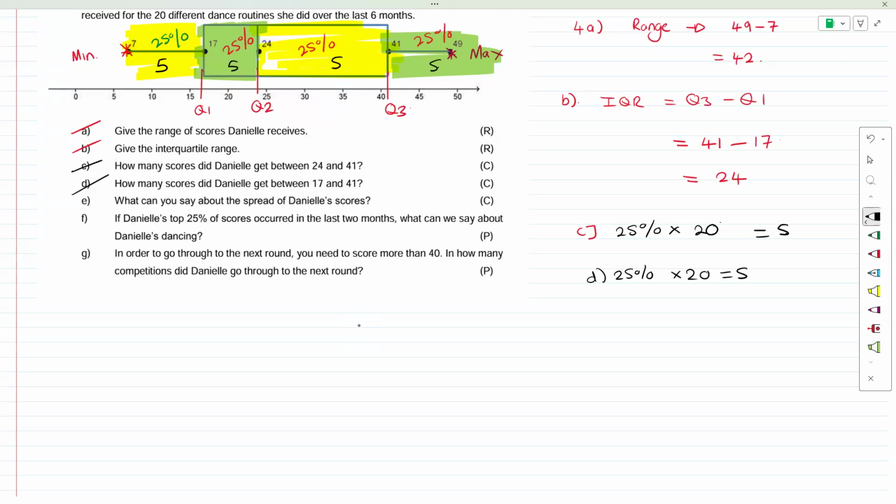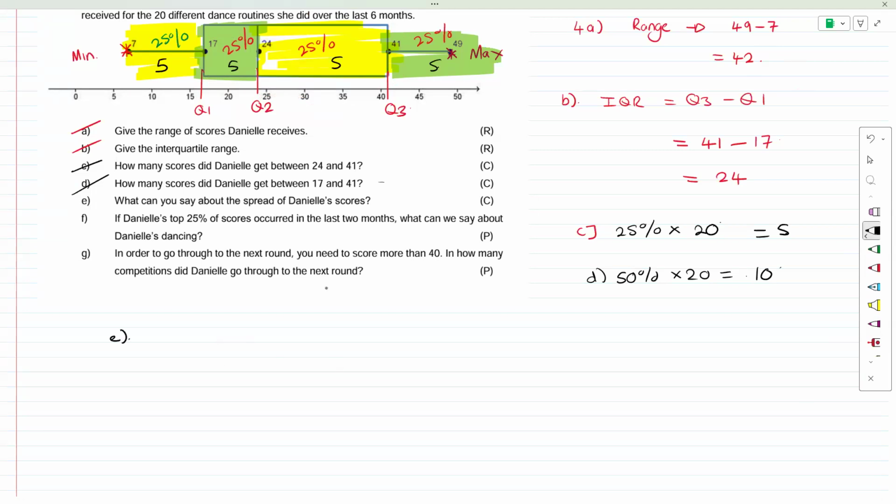You know what, guys? D says how many scores did she get from 17 to 41? So from 17 to 41 is actually 2 parts. So it's 50%. Let's look at it. Say that that's 50%. So that technically equals 10. Always double check all answers.